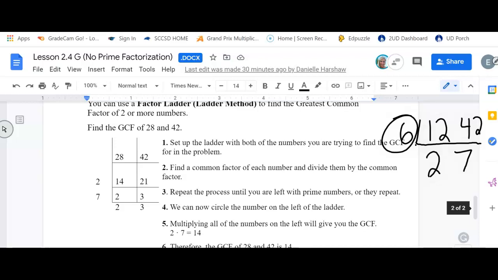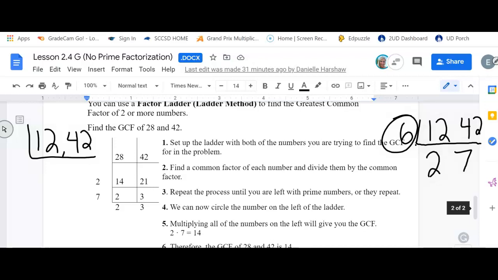Okay? I'm going to show you another way to do it. Using the same numbers. Probably a good idea to show this one as well. Doing the same problem. What can I divide out of 12 and 42 other than 6? Something I can divide out of 12 and 42 is not 6.